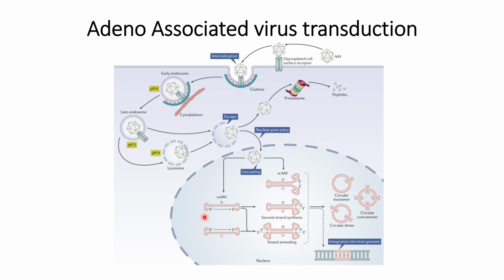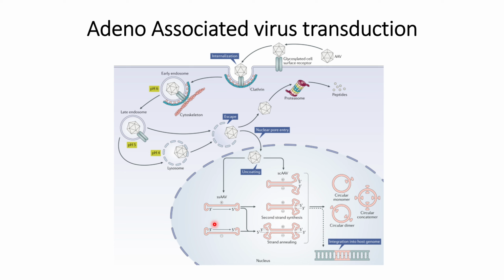For transcription, it needs to be double-stranded DNA, and therefore the single-stranded DNA will go towards double-stranded DNA formation or second-strand synthesis, and thereafter it can go for transcription and then translation. And a similar thing can happen for the negative strands.